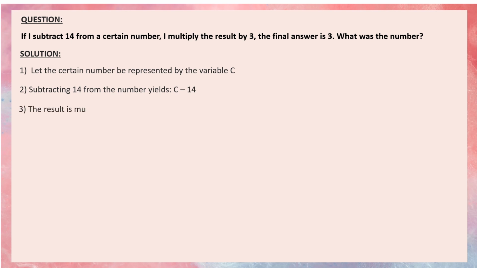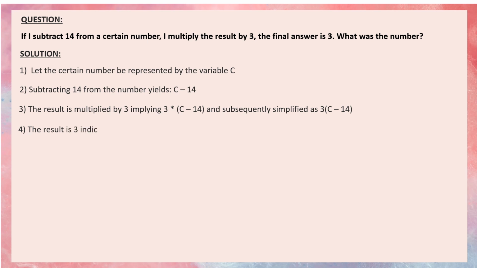If I multiply the result by 3, multiplying the result by 3 implies 3 times c minus 14, and that can be simplified as 3 into c minus 14. This final answer is equals to 3. The result is 3, indicating that 3 into c minus 14 is equals to 3.